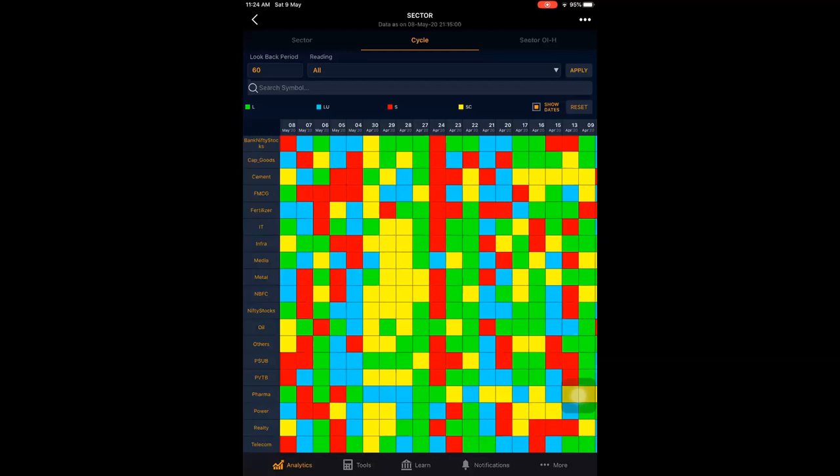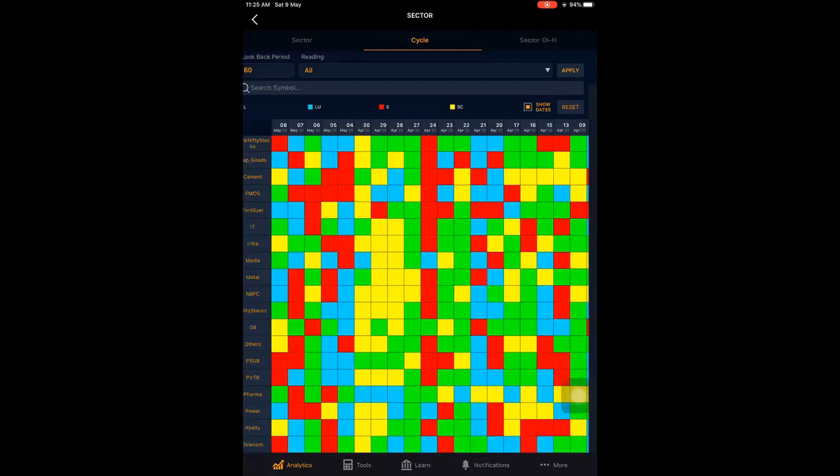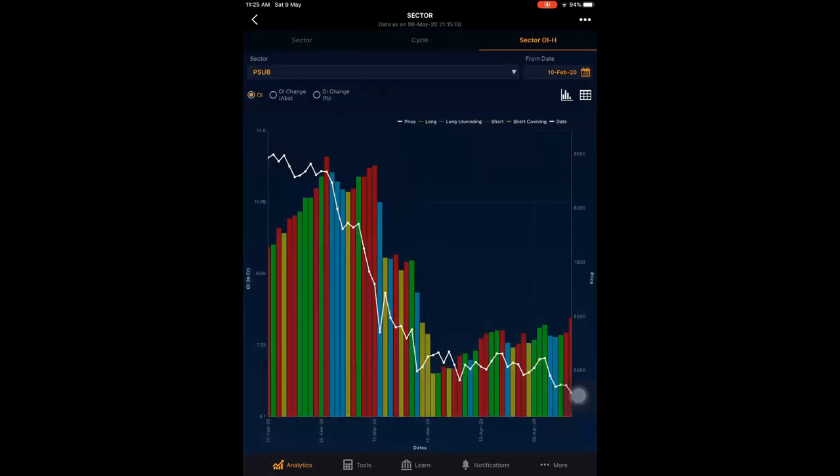Now, if I have to look at the historical data, if I click on any of these, see, I click on PSU banks, you will see the price and OI structure of it. Okay, just a second, give me a minute.